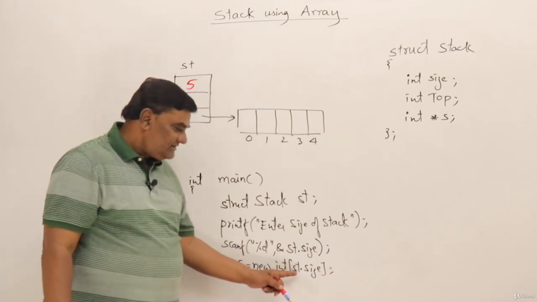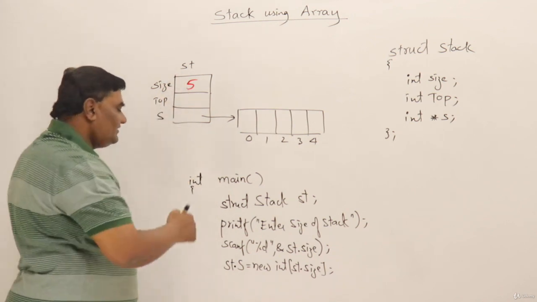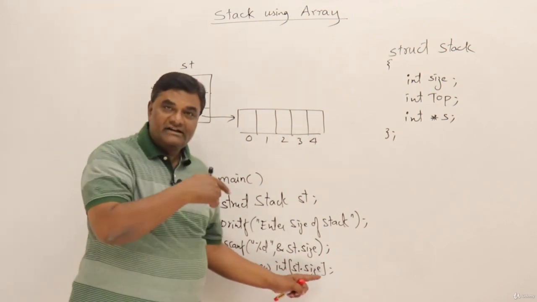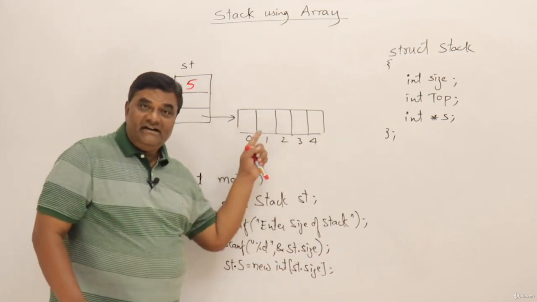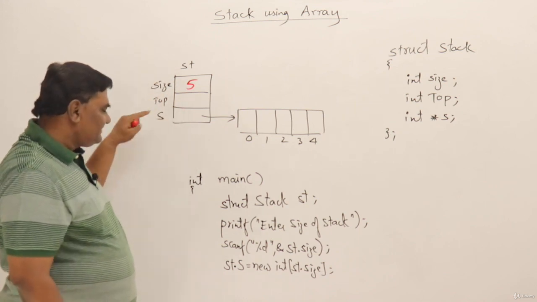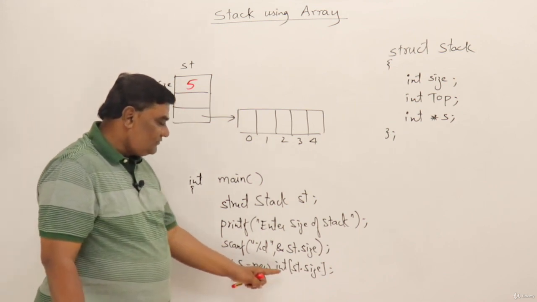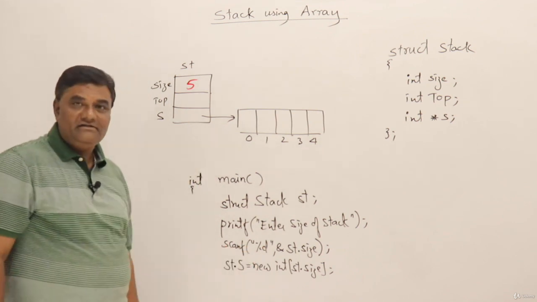Of what size? st.size. So this is st.size, 5. So new int of size 5. So an array is created and its address should be stored where? Here. So what is this? st.s. So st.s assign new int st.size. So an array is created and it is assigned here.